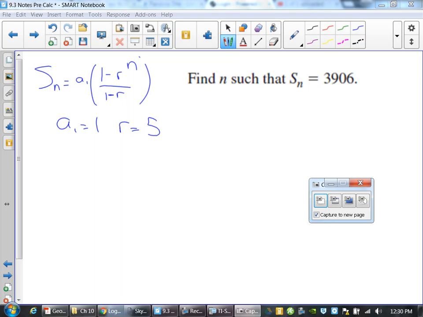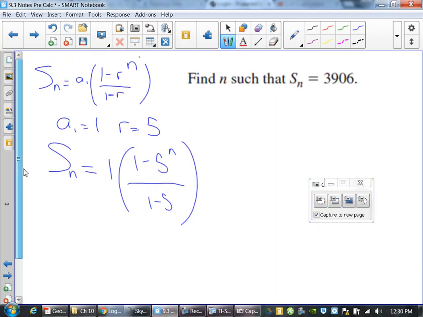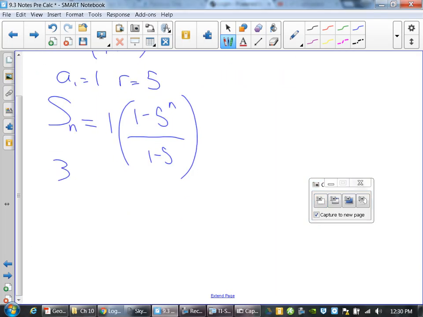This is part B of that. So I substituted in what we know: the sum is first term, 1 minus our rate to the n over 1 minus our rate. We want it to equal 3906, which is 1 times 1 minus 5 to the n over negative 4.